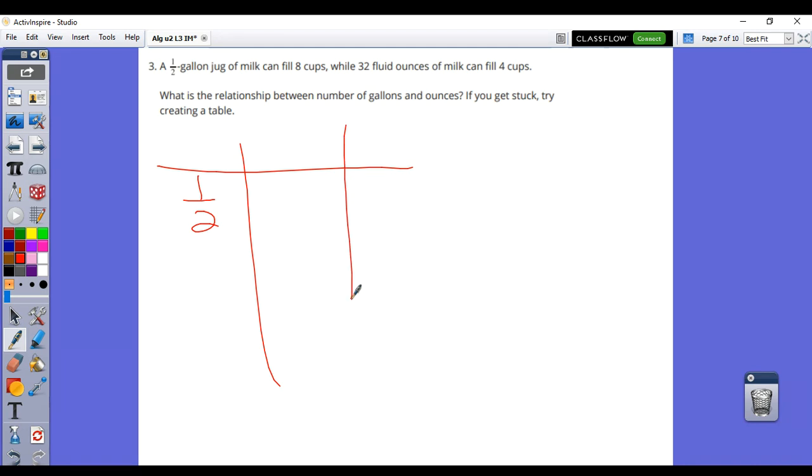This is gallons, cups, and then I believe it was ounces, right? So fluid ounces. So a half a gallon is 8 cups, and 4 cups is 32 ounces. So how many ounces would 8 cups be? Good, 64 ounces.